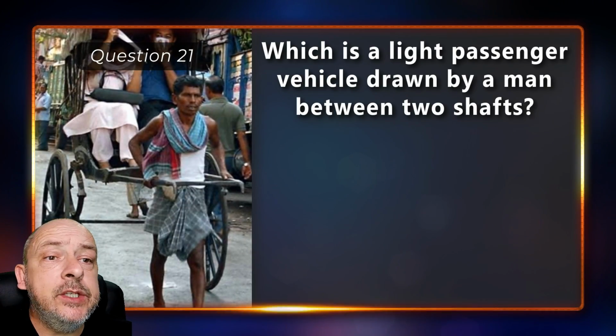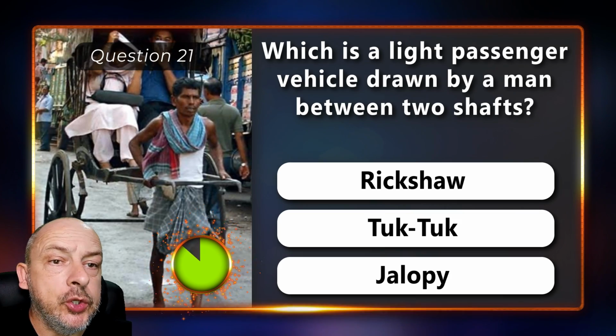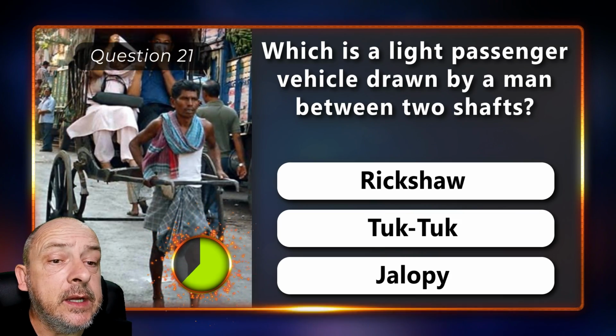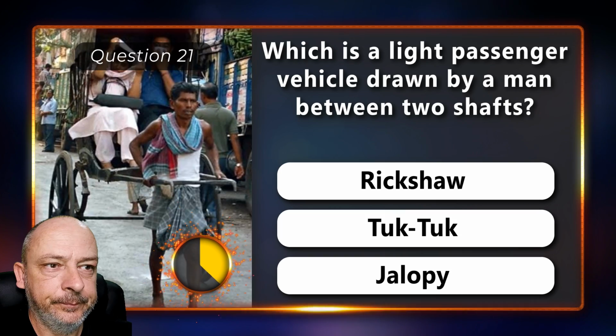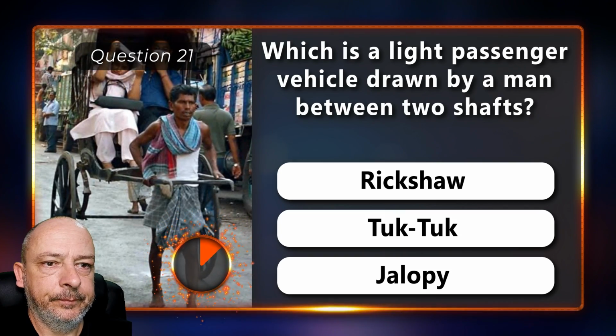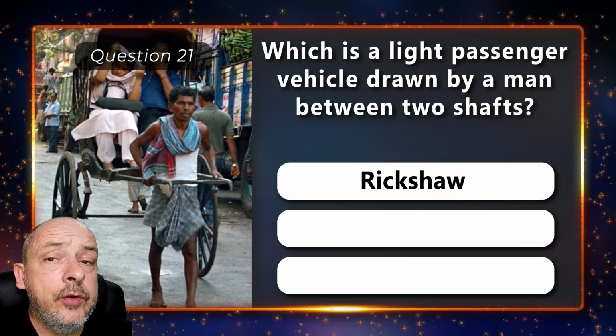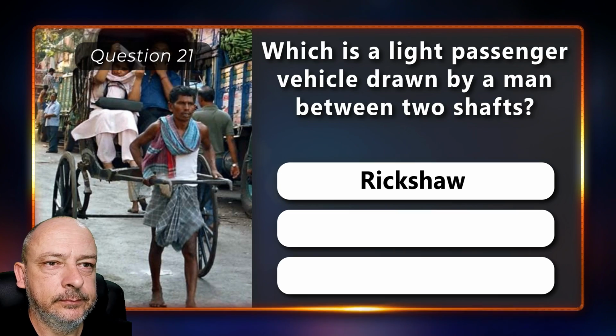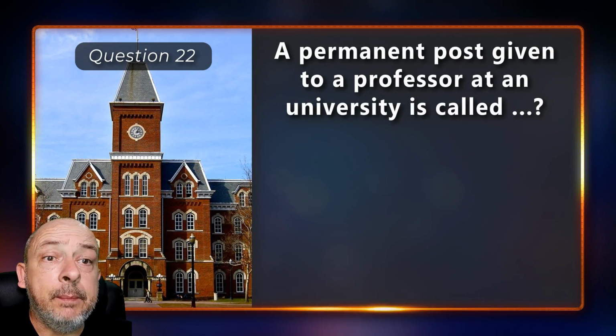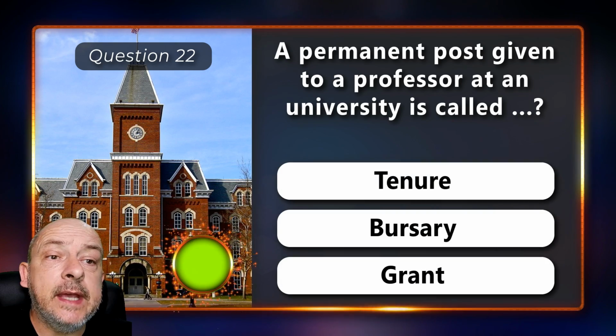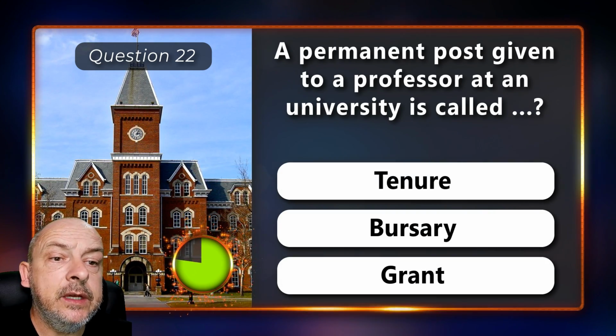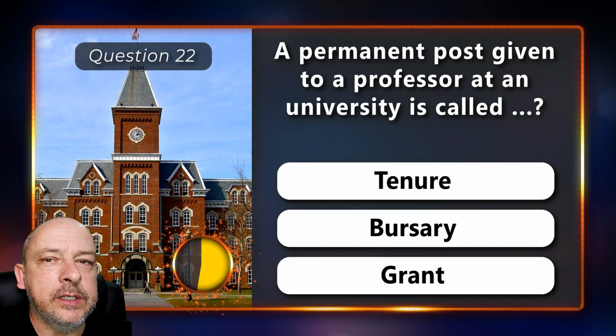Which is a light passenger vehicle drawn by a man between two shafts? A rickshaw, a tuk-tuk, or a jalopy? A rickshaw. A permanent post given to a professor at a university is called tenure, bursary, or a grant.